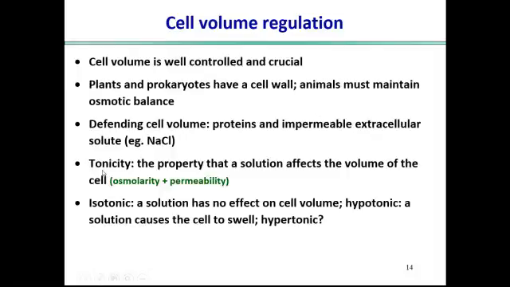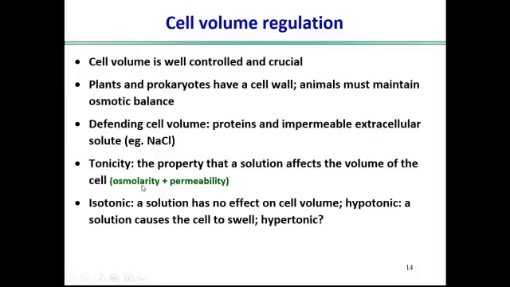Another thing that we use to measure how the cell volume is being regulated is called tonicity. Tonicity is a concept describing how a solution affects the volume of the cell. So tonicity is a combination of osmolarity and permeability.